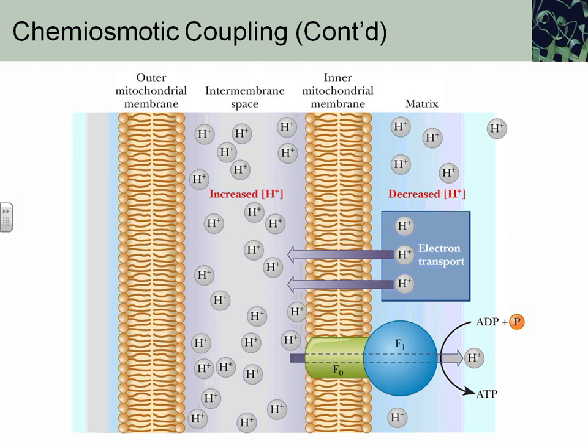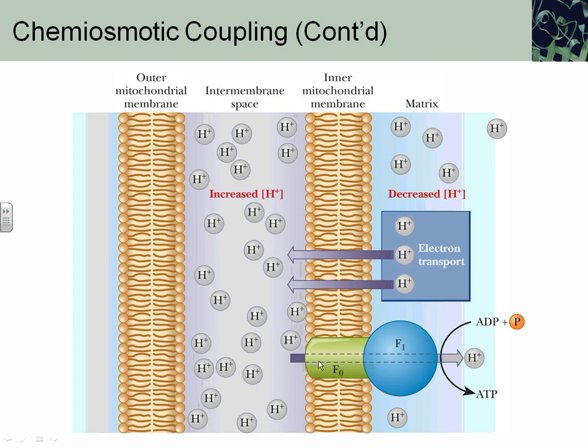If we look at how this is going to work, here's the matrix where all of our NADH is made. Once the electron hops through the electron transport chain in the inner membrane of the mitochondria, protons are moved. Now we have a very high concentration of protons, a proton gradient, in the intermembrane space. Now those protons can flow back through the ATPase down their concentration gradient.